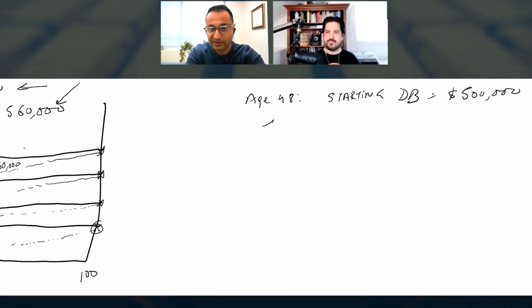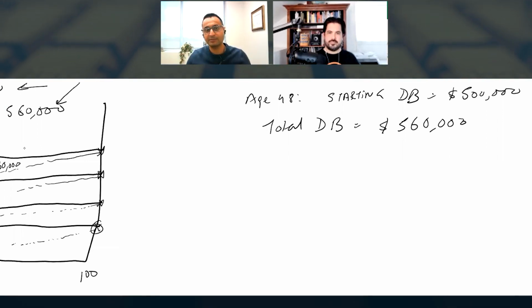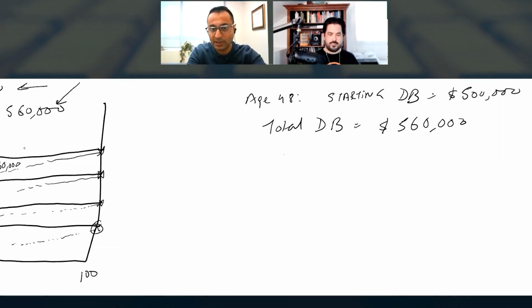Now his total death benefit at age 48 is $560,000. Now the cash has been growing in the policy every single day since inception, and let's assume by the time he reaches age 48, his total cash values, so CV stands for cash value, in the policy are now $40,000.